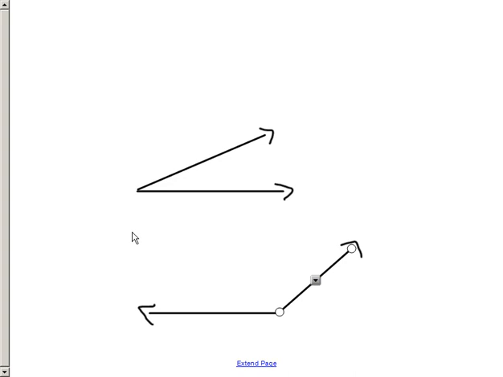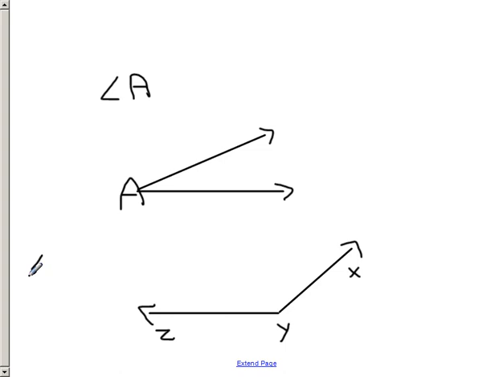We can label angles by letters. They can have a one-letter name. For example, this could be angle A. This is the angle symbol, and then this one is called angle A. I can also label angles with three letters. So I could label this angle as X, Y, Z, and it would have two names.